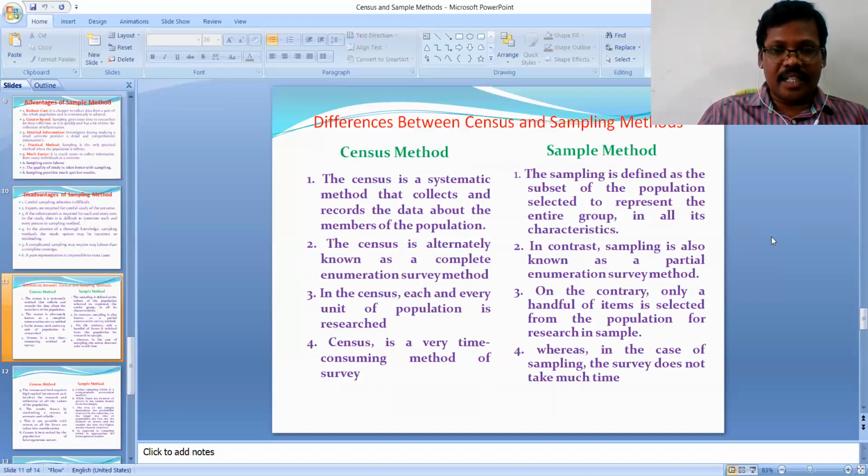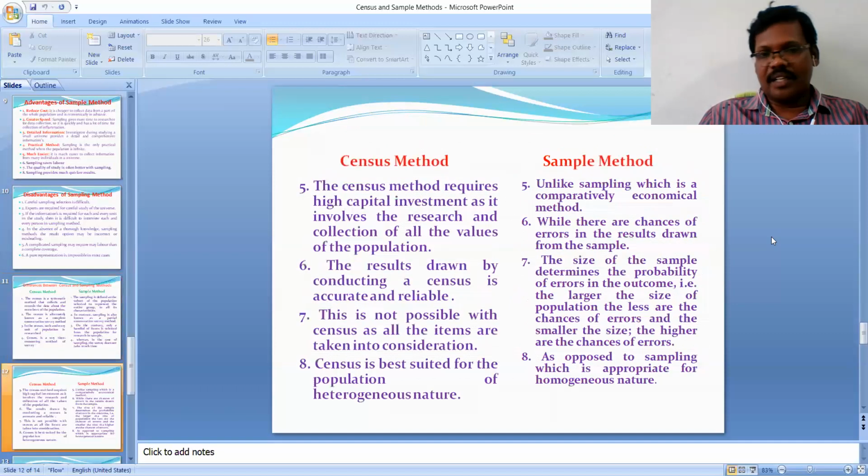And the census is a very time-consuming method of survey. Of course we discussed this many times. The census method will take more time for the survey. But in the case of sampling, the survey does not take much time. So quickly we can complete the survey and quickly we get the results also.